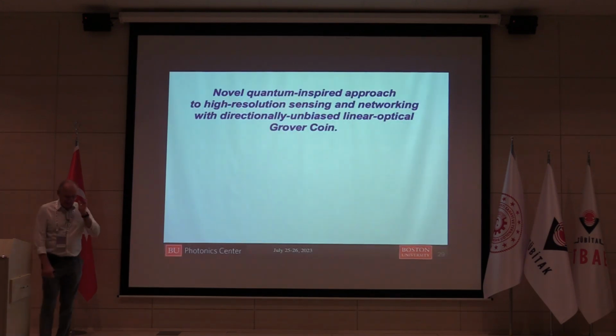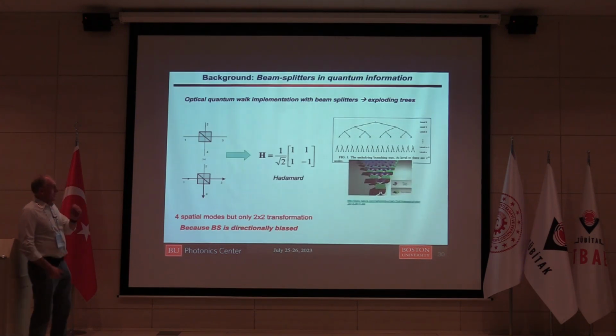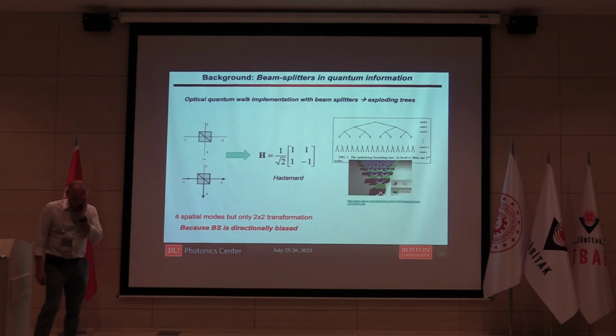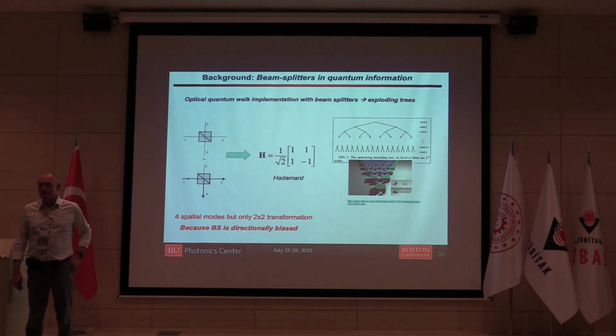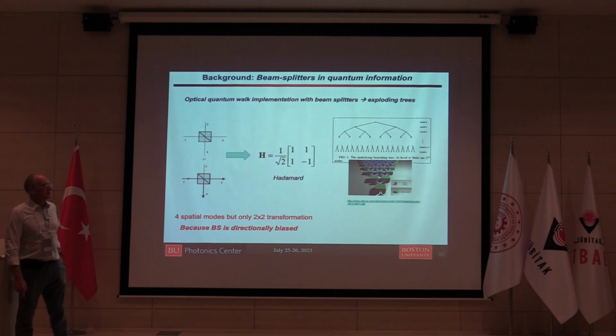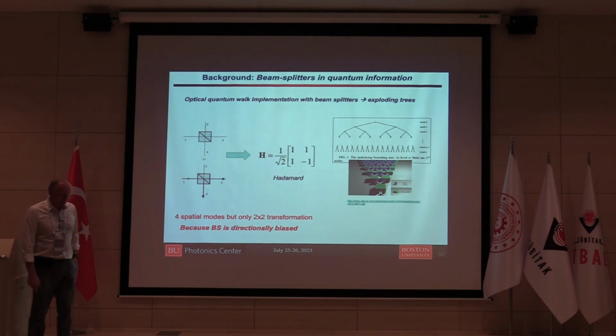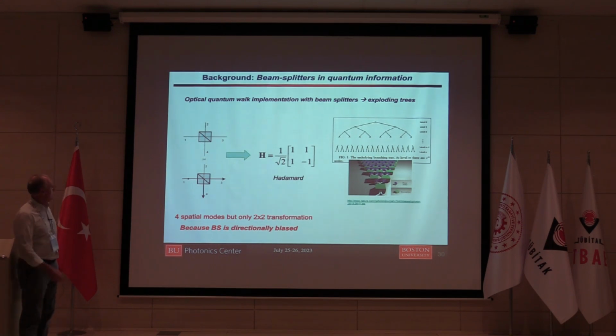With this, I'd like just to switch a little bit to show you something different. We already appreciated the role of beam splitters, right? On many, many occasions, because this is one of the central elements of quantum optics everywhere. So what is a beam splitter?